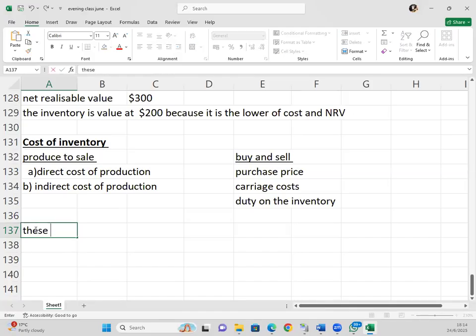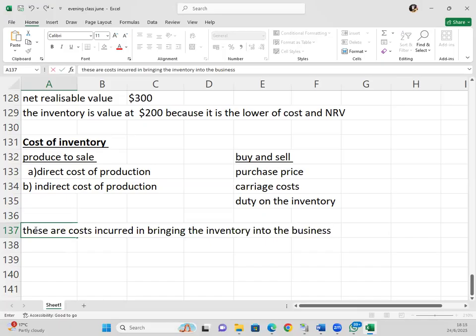These are the costs incurred in bringing the inventory into the business. So if you have produced, it means you have incurred the cost of producing to bring the inventory into the business.